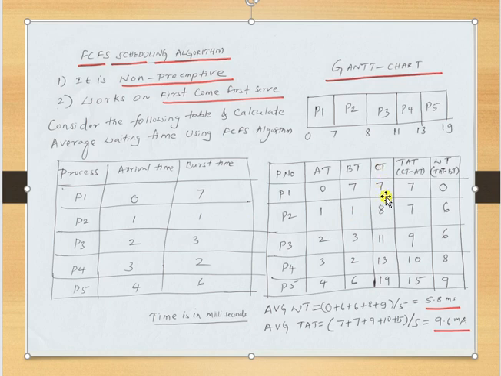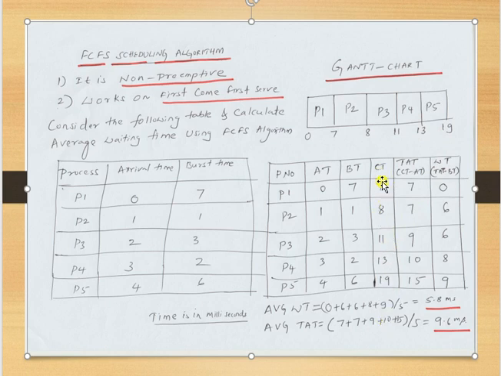The completion time is taken from the Gantt chart. The completion time of P1 is 7, P2 is 8 milliseconds, P3 is 11 milliseconds, P4 is 13 milliseconds, and P5 is 19 milliseconds.